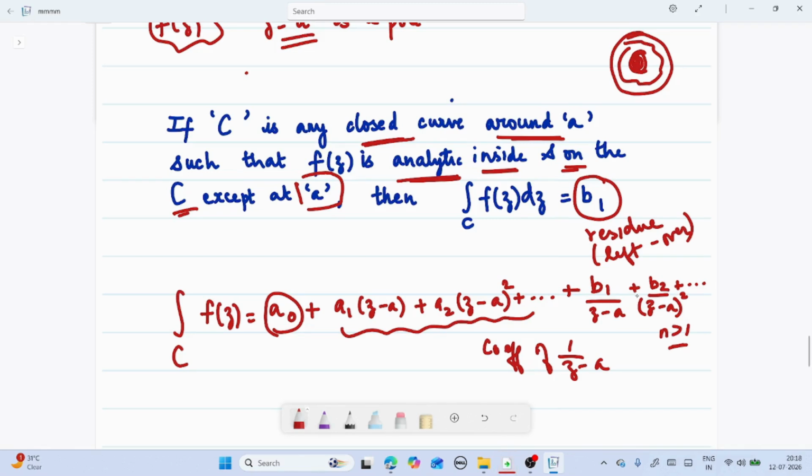So the only term left after integration is b1, the coefficient of 1 by (z minus a). So b1 is called the residue because it is the leftover.